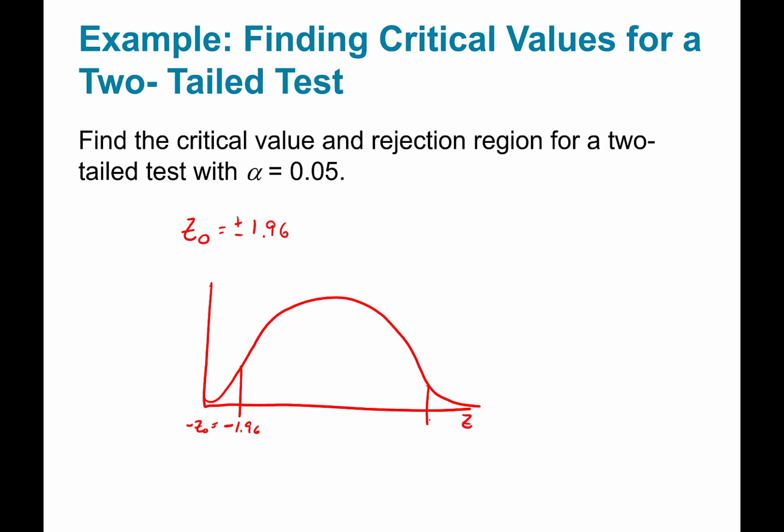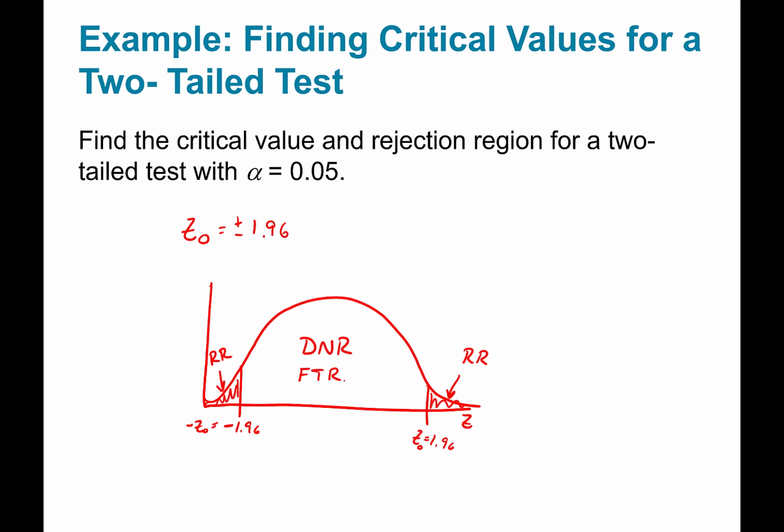And then our positive value, so z equaling 1.96. Everything that lies in the tail, everything further out away from those critical values, is your rejection region. I'm going to abbreviate that as RR. And everything in the middle, in between those two tails, is your do not reject region, or fail to reject region.